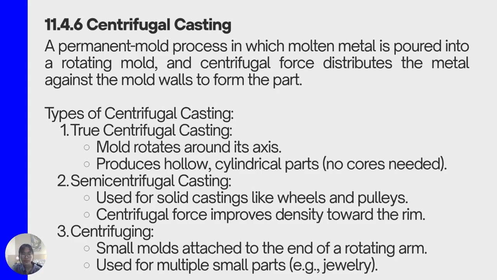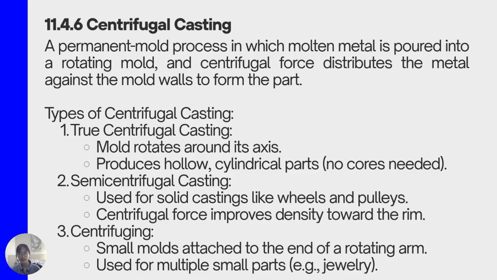Centrifugal casting is a process in which molten metal is poured into a rotating mold, and the centrifugal force distributes the metal against the mold walls. The rapid spinning ensures that denser metal moves outward while impurities and gases move toward the inner surface. There are three main types. There is true centrifugal casting, which produces hollow cylindrical parts like pipes, bushings, and bearings without using cores.